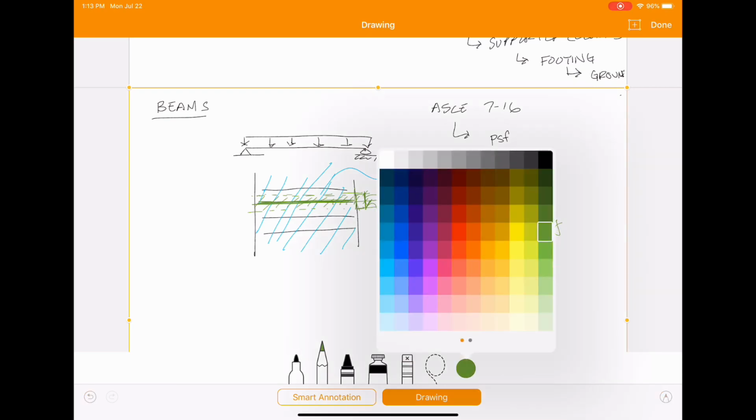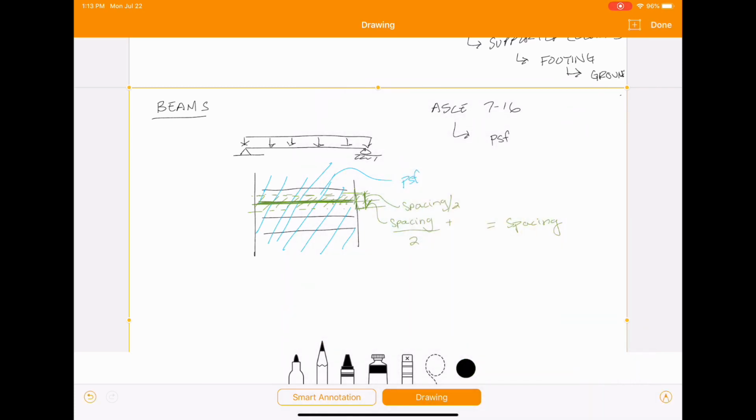So once you figure out all your different loads, if you have a roof, you're going to have dead load, roof live load, and snow load.